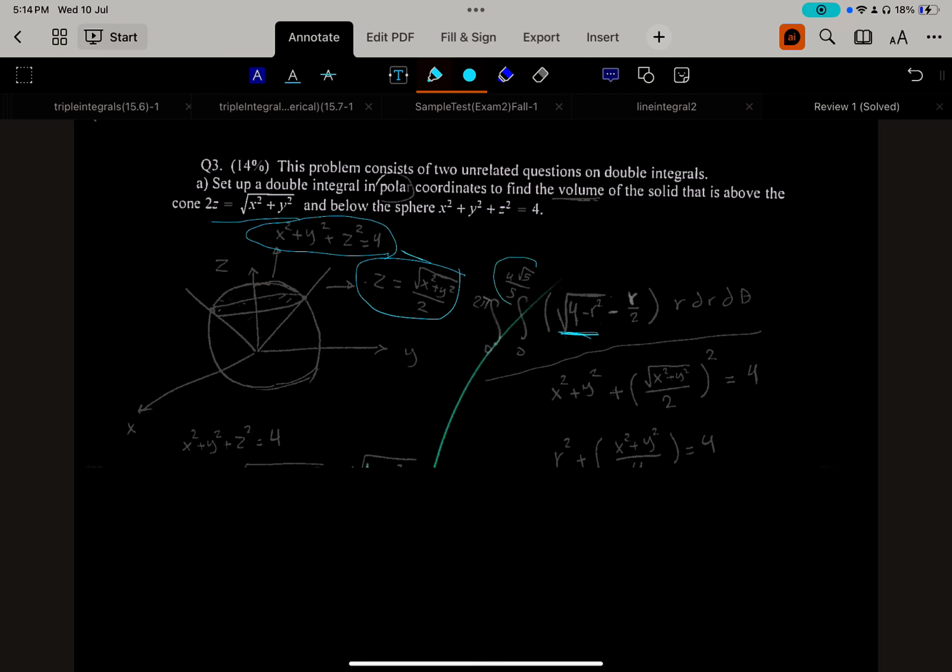Okay, but how did we find 4 square root of 5 over 5? That's an interesting thing, and we can try to see how we find this angle. So R is not the sphere, R is basically something different, and we can find it.